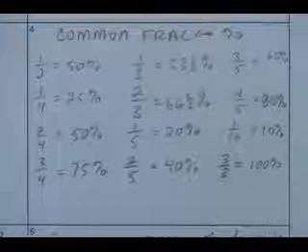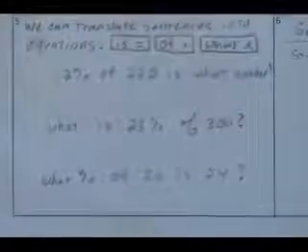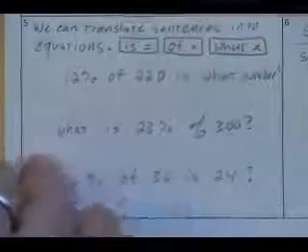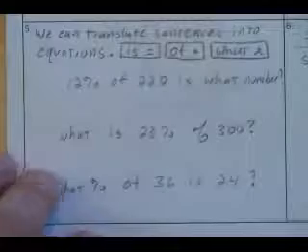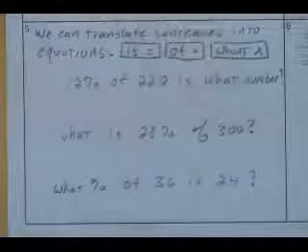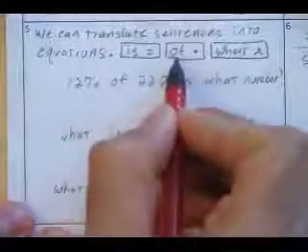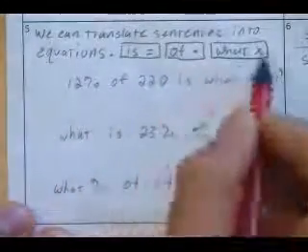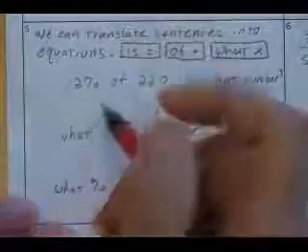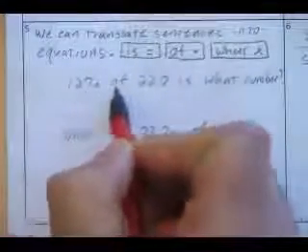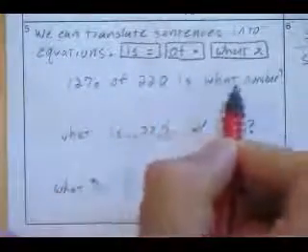Let's talk about how we can translate questions with words directly into equations. Wherever we see an 'is', we can substitute an equals. Where we see the word 'of', we put a multiplication sign, and for 'what', we put an x. For instance, 12% of 220 is what number?